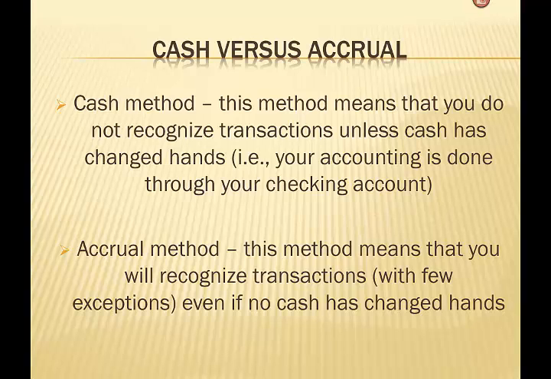If you had a small business and you've got your checking account associated with it, if you get cash or you use cash, that's the only time that you would actually recognize a transaction. In the accrual method, however, this means that with few exceptions, you're going to recognize financial transactions even if no cash actually exchanges hands.